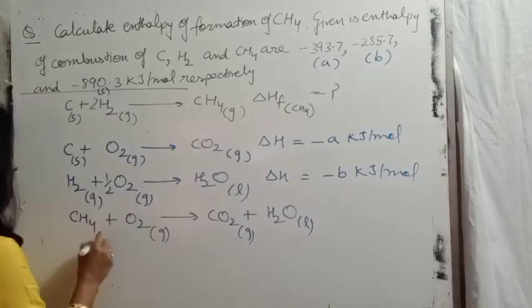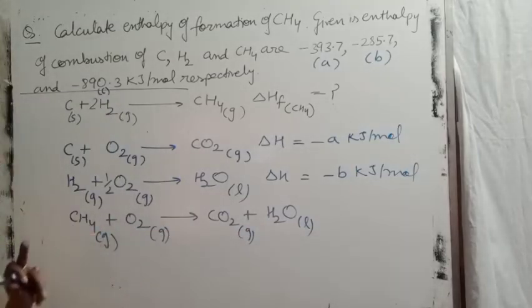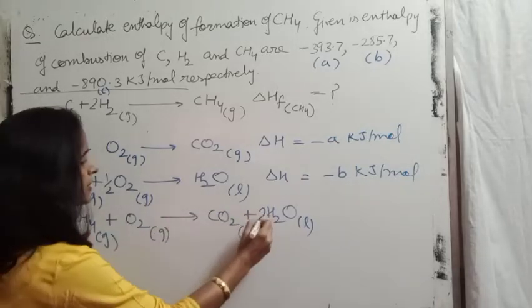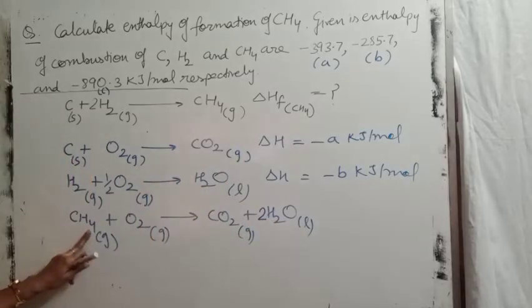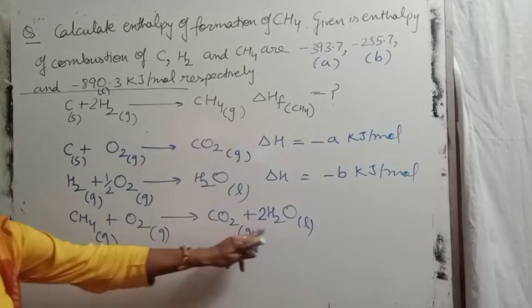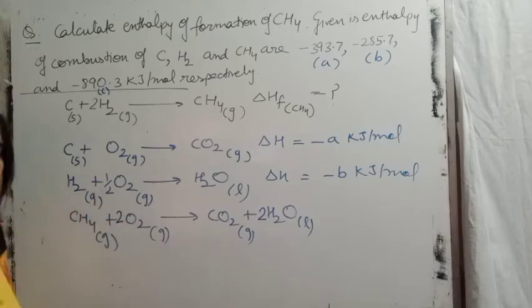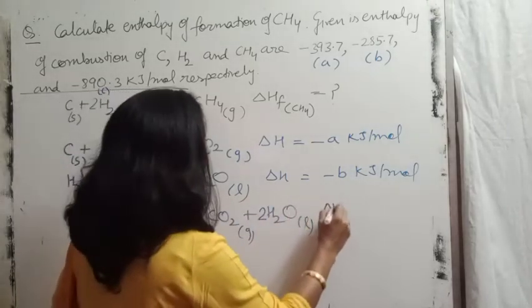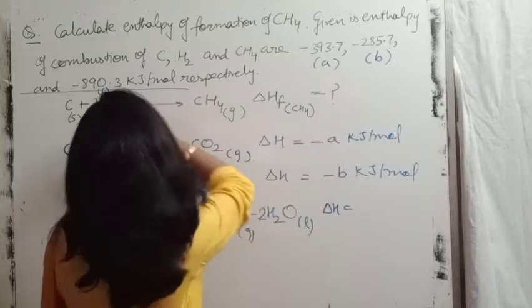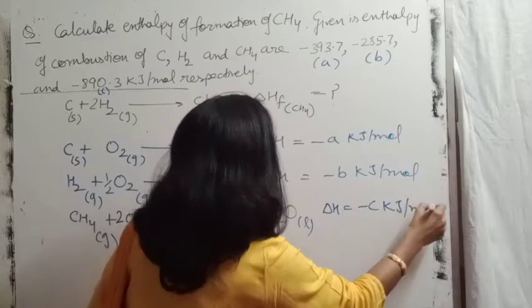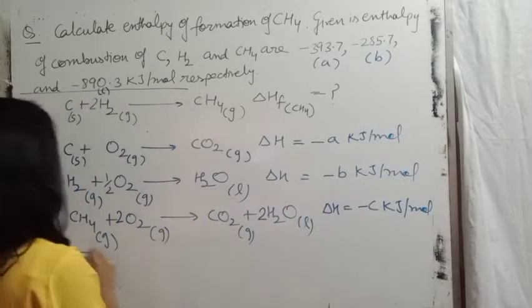Now we write the physical states here. Now just check the balancing of the equation. 1 carbon already balanced, 4 hydrogen, multiply this by 2, hydrogen is balanced. Now check how many oxygen on the right side, 2 plus 2 is 4, so we multiply this by 2, balanced. Now write the enthalpy change delta H, that is minus C kilojoule per mole. So all these values are given to us.